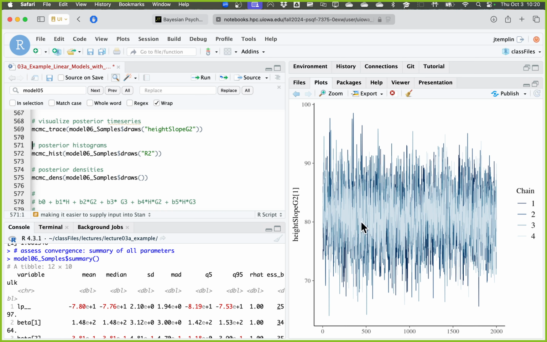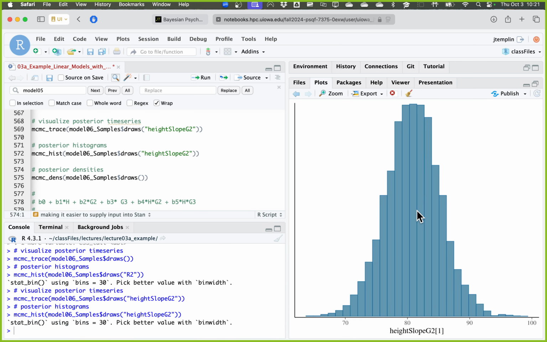Right here. So we can talk about how it varies, and then we can also look at its posterior distribution as well. So if you wanted to look at, sometimes we talk about simple slopes in linear models or multi-level models. If you wanted to build a simple slope conditional on a value, you could do that with a contrast statement. And now we talk about the posterior distribution of it.